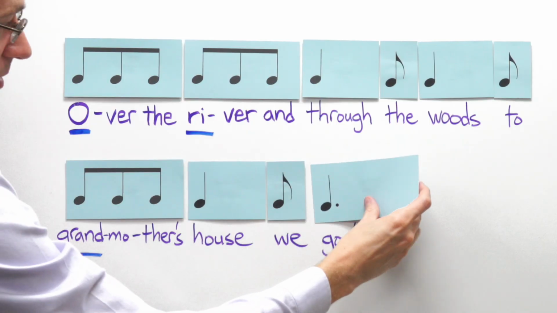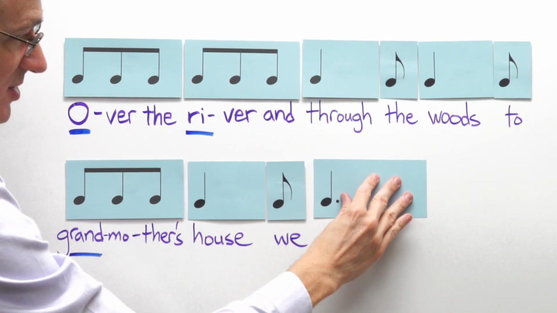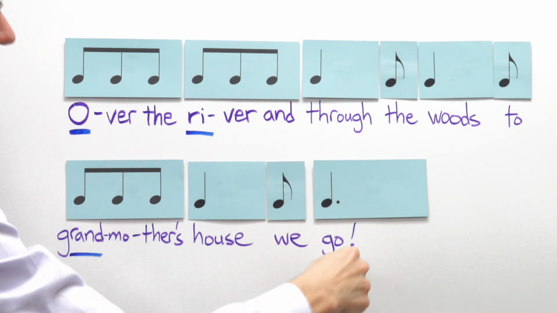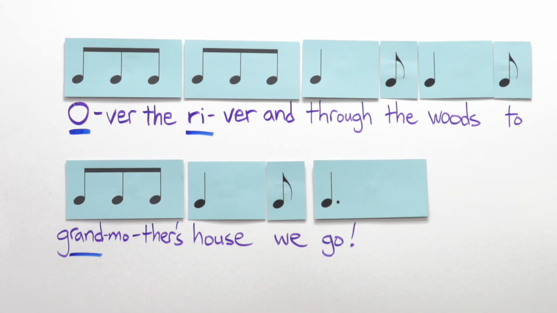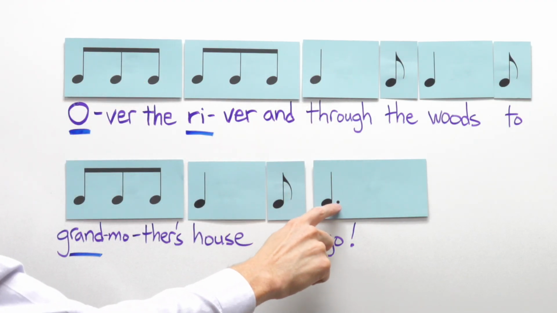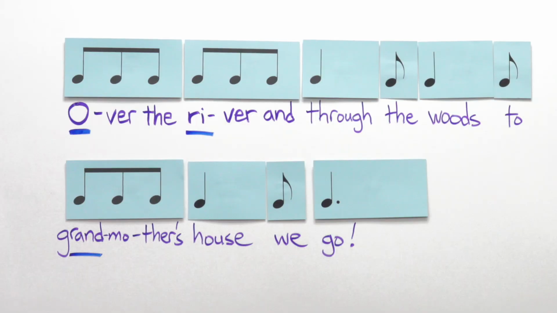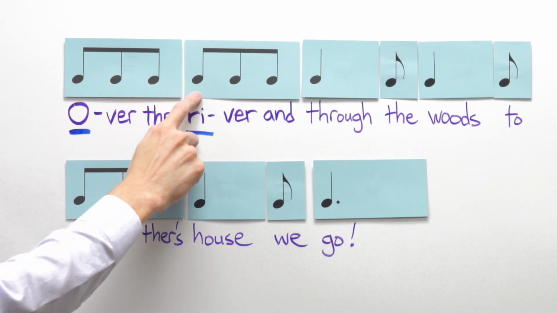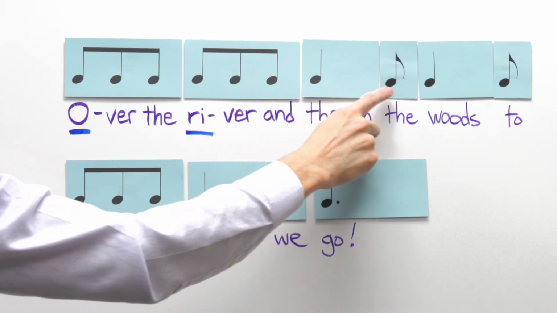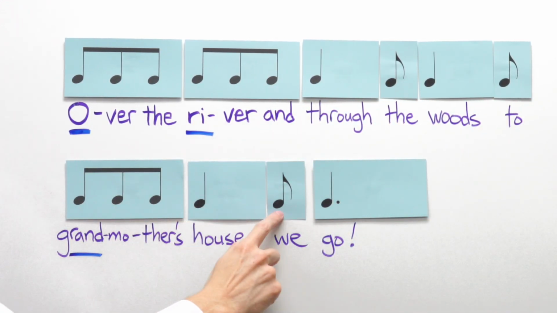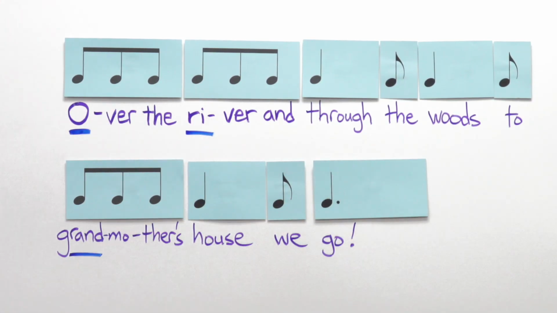And then go actually is a dotted quarter note because it lasts even a little extra long. Go. Now try to say the whole thing in rhythm words with me. We'll say ti for any 8th notes, ta for quarter notes, just a little extra for that dot. Ready, go. Ti, ti, ti, ti, ti, ti, ta, ti, ta, ti, ti, ti, ti, ta, ti, ta.